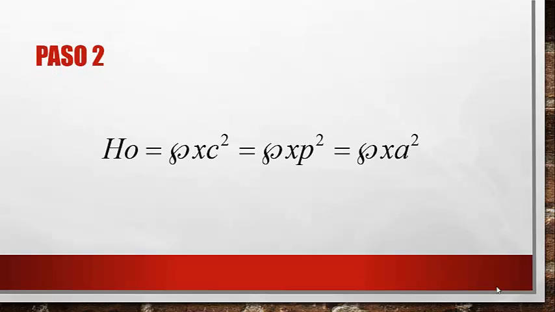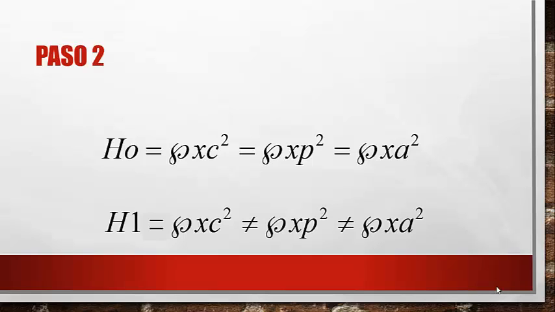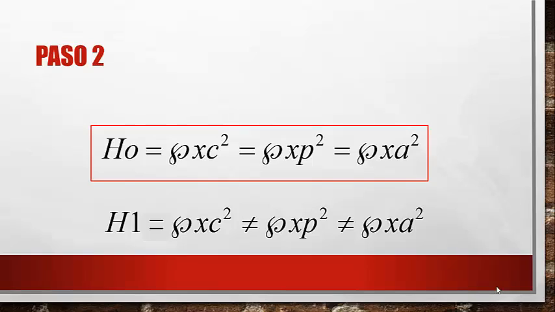Step 2. The null hypothesis: the loss of material for sawing squared is equal to the loss in polishing squared, and equal to the loss in acetylene squared. Alternative hypothesis: the material loss for sawing squared is not equal to that of polishing squared, and not equal to acetylene squared.